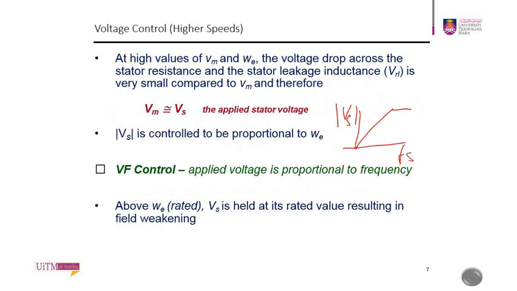At high values of voltage and electromagnetic speed or frequency, the voltage drop across the stator resistance and the stator leakage inductance is very small compared to Vm. Therefore we can say that Vm is more or less similar to Vs, because we are ignoring the leakage inductance. So Vs is controlled to be proportional to the frequency.